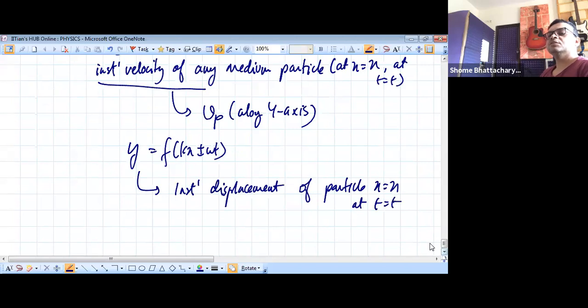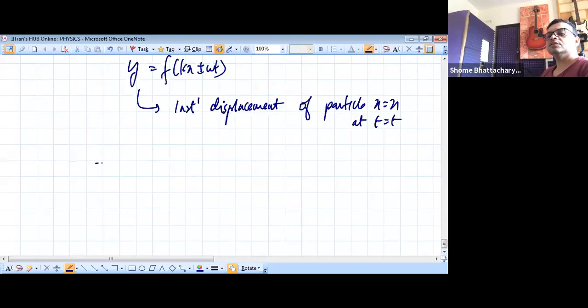So therefore, what should be the particle velocity? It should be the rate of change of displacement for that particular value of x. That means we have to find the rate of change of y with respect to t, keeping the value of x constant. That is nothing but partial differentiation of y with respect to time.